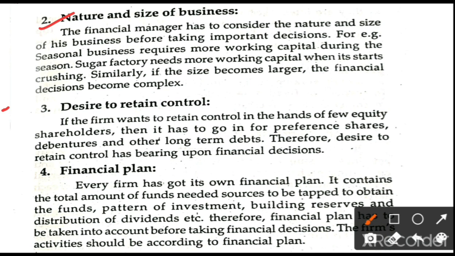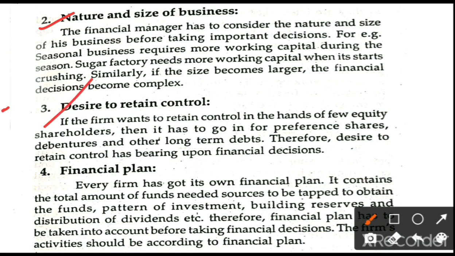At the time of taking a financial decision, the financial manager has to focus on nature and size of the business. Why? Because what nature of business there is determines what type of capital is required, how we are going to collect it, and how we are going to utilize it. So this type of decision has to be taken regarding nature and size of the business.